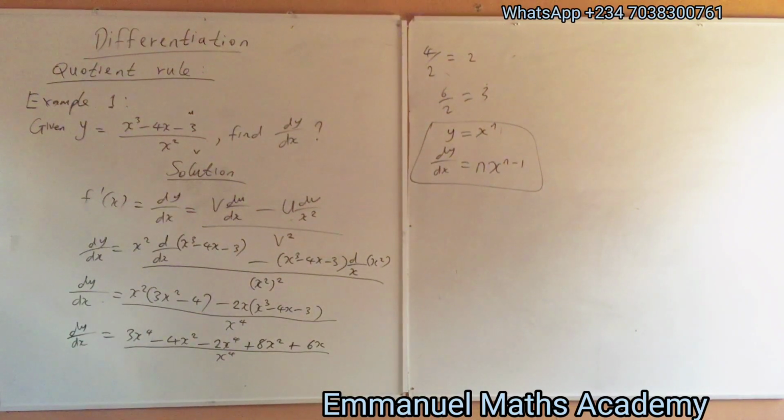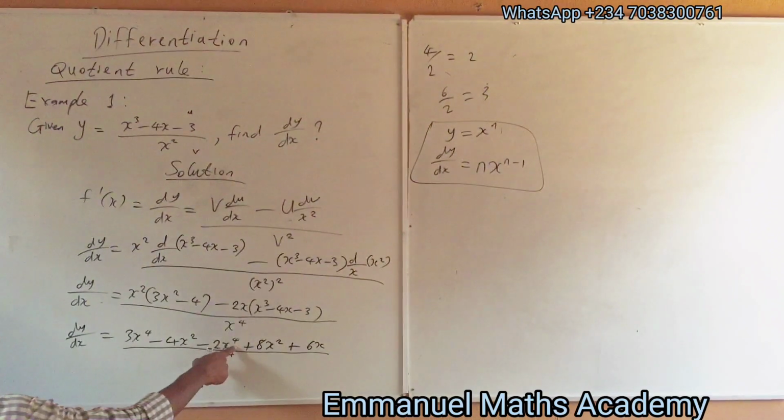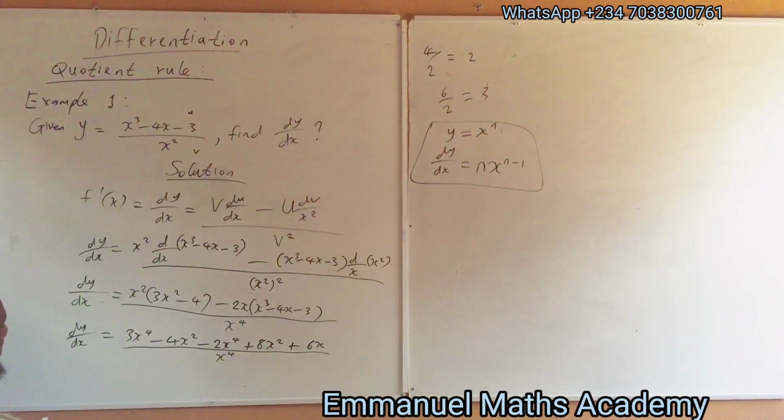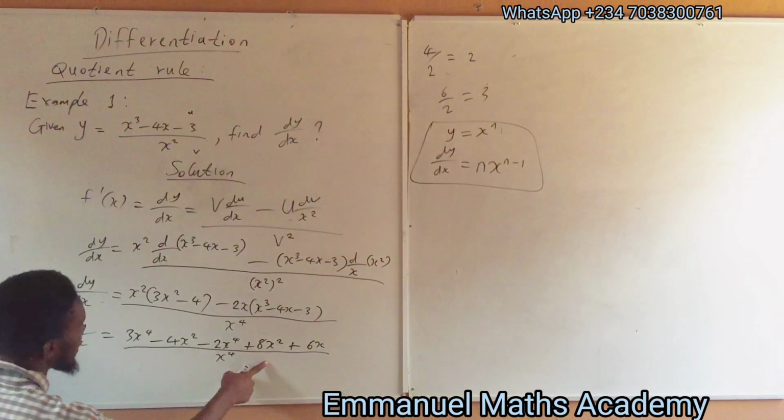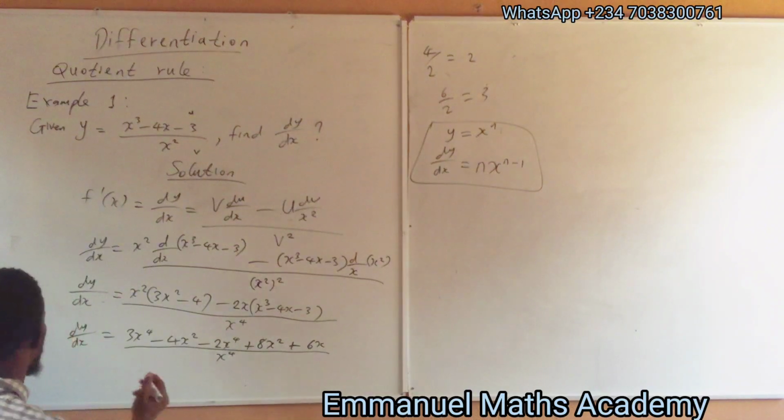Now, you simplify further. You do what is called collection of like terms. You have x raised to power 4 here, you have x raised to power 4. You bring them together, you add them up. Then you have x raised to power 2 here, you have x raised to power 2. You add them up also.